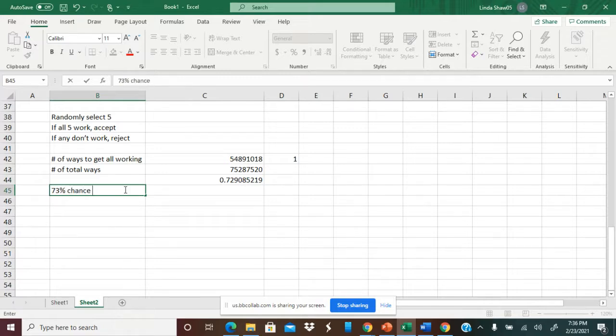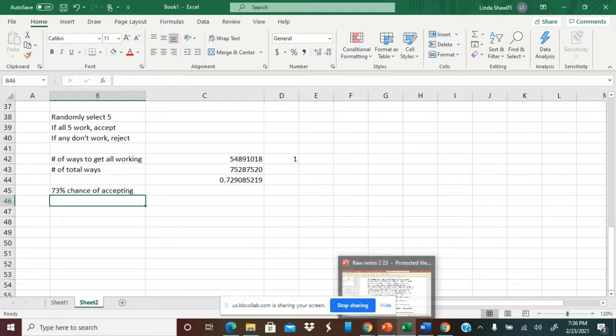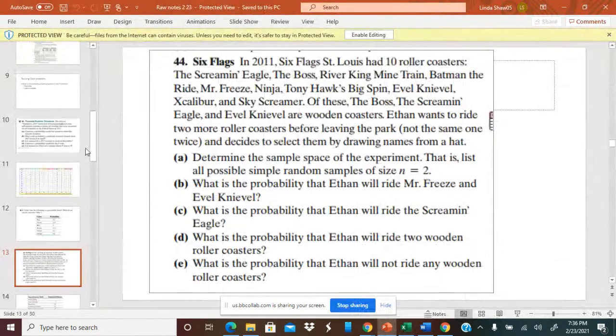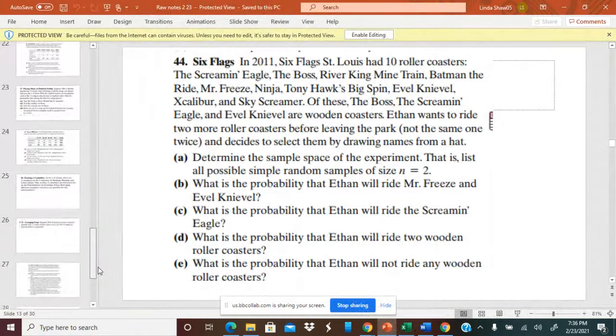Now, Linda, I don't know if you want to put the words of the problem on this Excel spreadsheet, or not, but I'm going to ask the students, do you have questions on this problem? Emily has her hand up. Emily, go ahead.